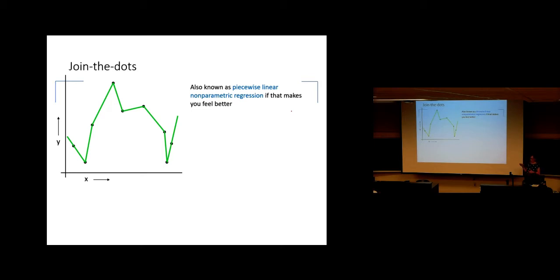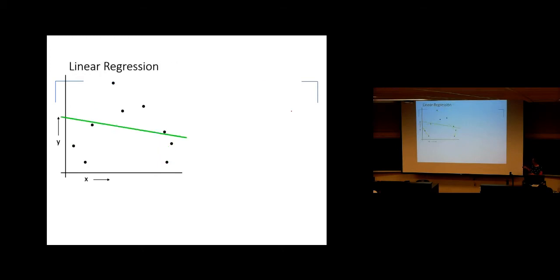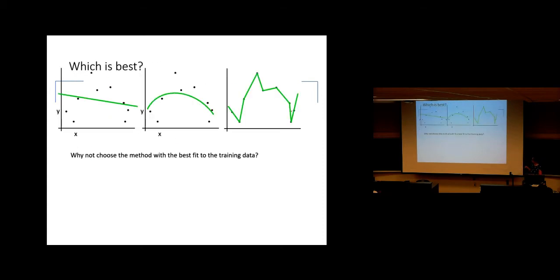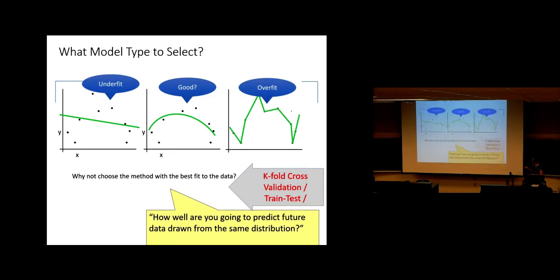So this is the overfitting side, and this is the underfitting side. I don't even fit the training data very nicely. So let's just put them together: underfit, seems to be good, overfit.